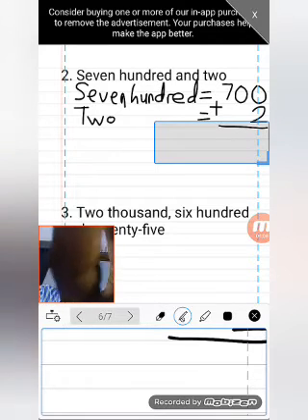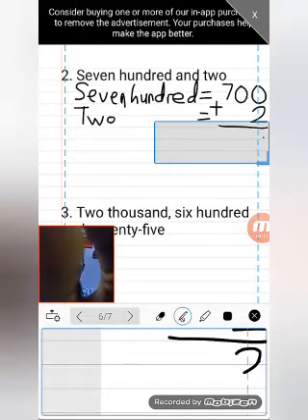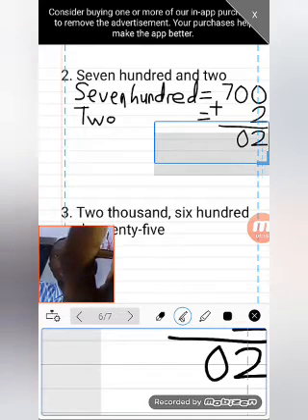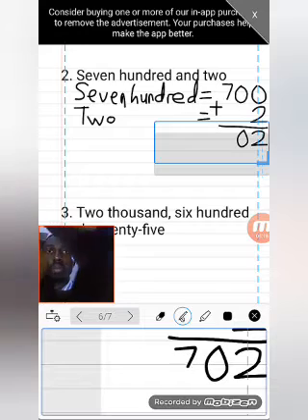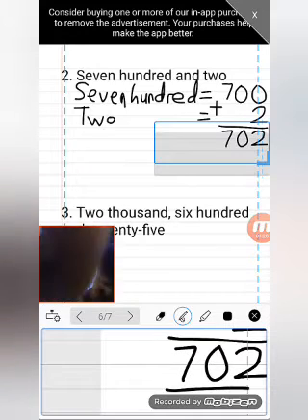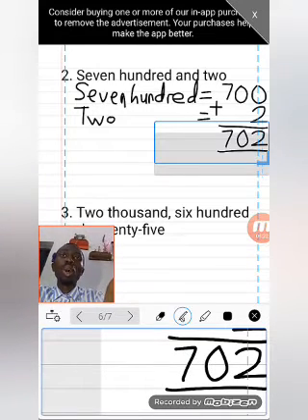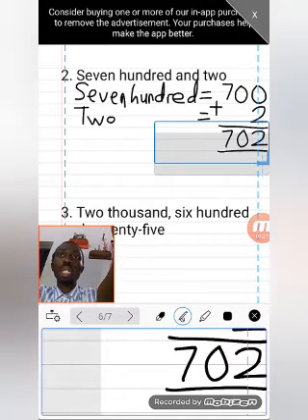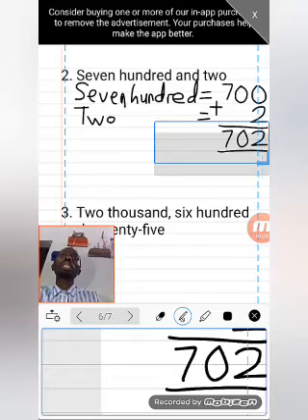So that is 0 plus 2 is 2, 0 here plus nothing is 0, then 7 plus nothing is 7. So we have 702. You can see how it's easily interpreted.